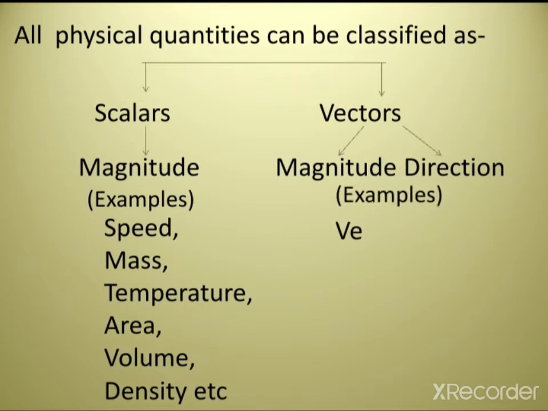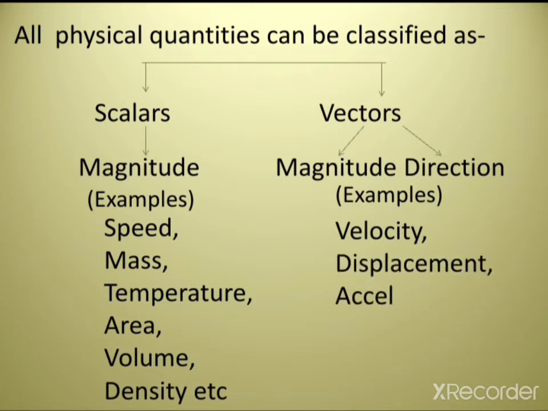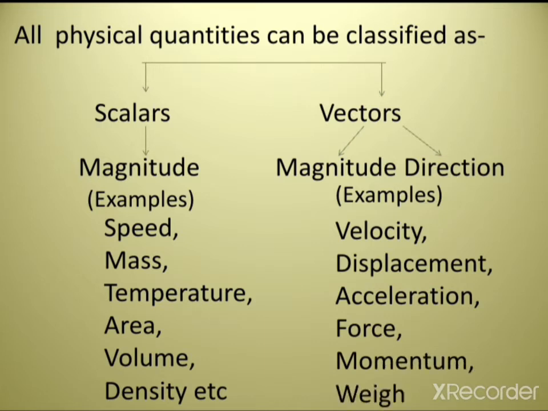Similarly, vector quantities are velocity, displacement, acceleration, force, momentum, weight, etc. Similarly, here also you will get a large number of physical quantities that can be classified as vector quantities.